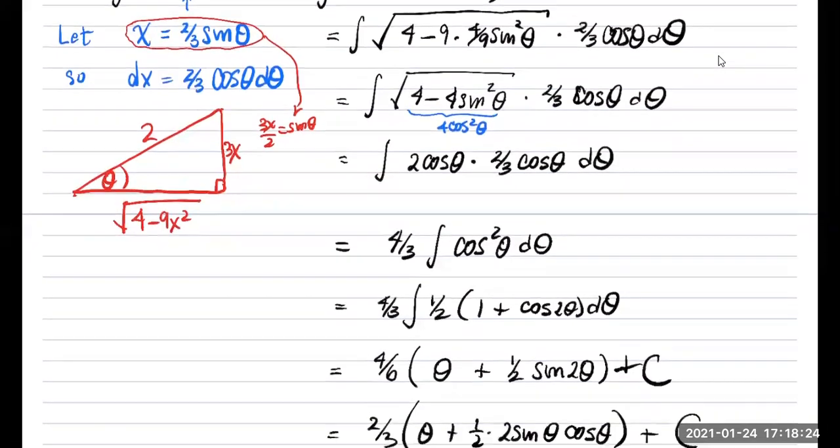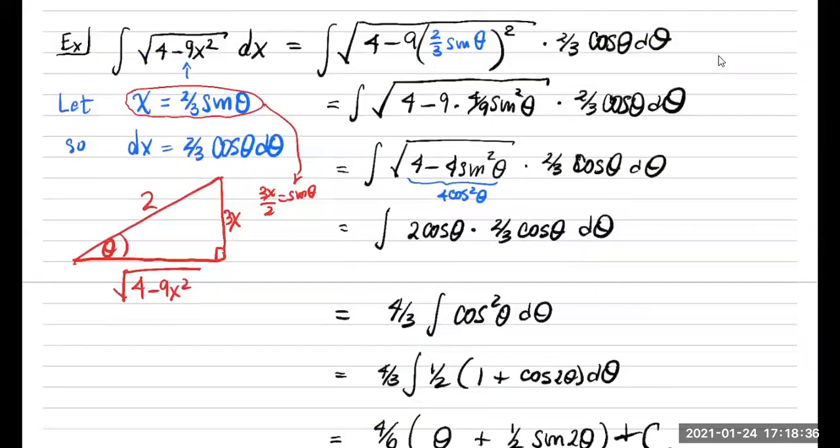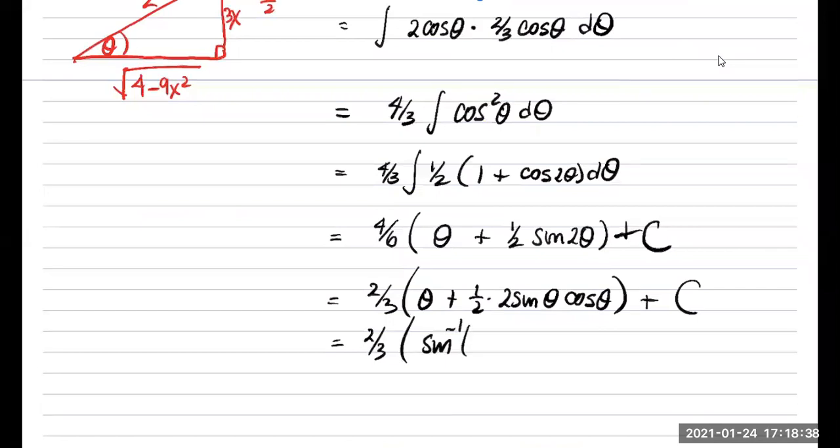All right, so according to our work here, I'll replace theta with the inverse sine of 3x over 2. Here, the 2 and the 2 will cancel. The sine of theta is 3x over 2.